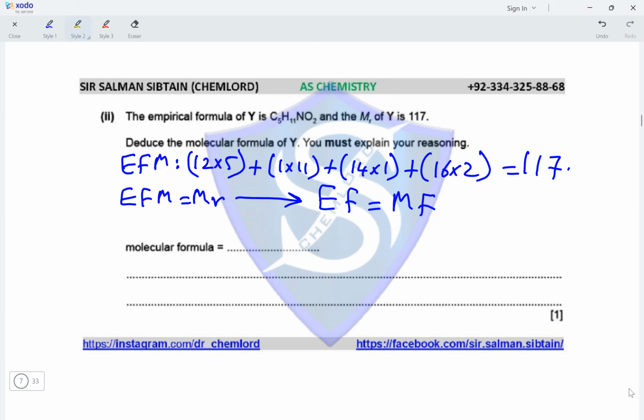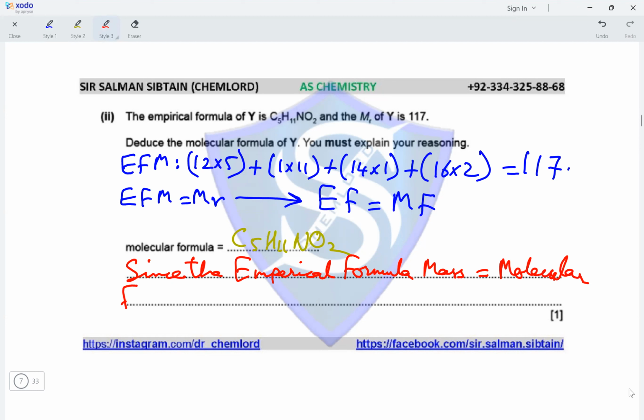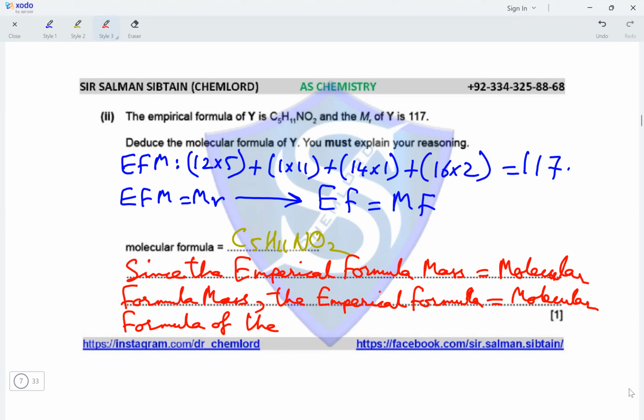So the molecular formula here would be C5H11NO2, and we need to explain: since the empirical formula mass is equal to the molecular formula mass, the empirical formula is equal to the molecular formula of the compound.